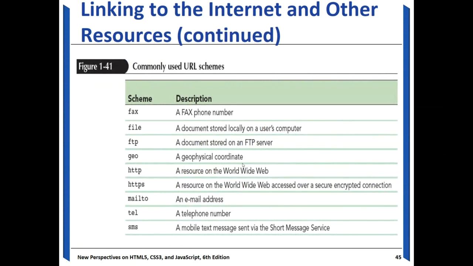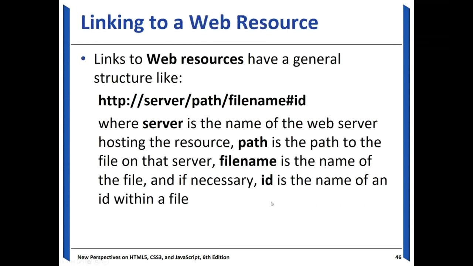So we can set up things like a fax number or phone number. HTTPS says this is a resource on the World Wide Web, accessed over a secured, encrypted connection. We could use mailto with the email address, or tel and then a telephone number, which puts it out to where people can click on it and call that number, or they can click on the mailto, and it'll have an email address.